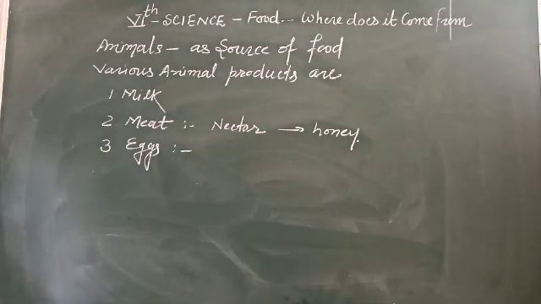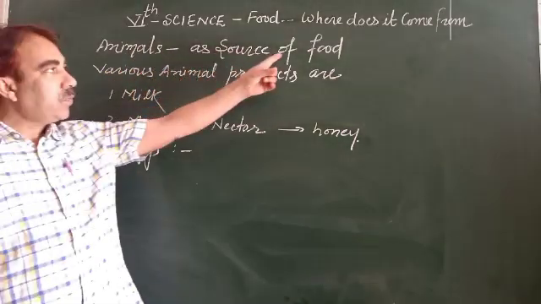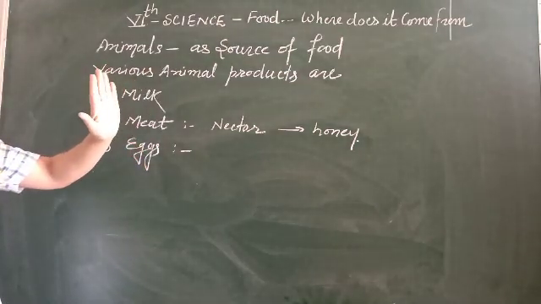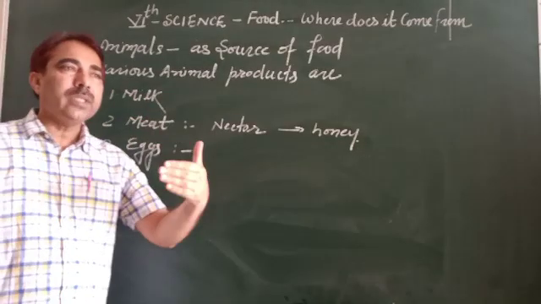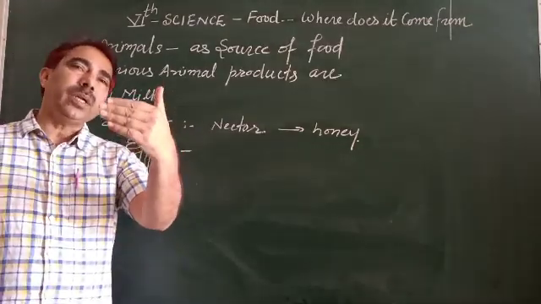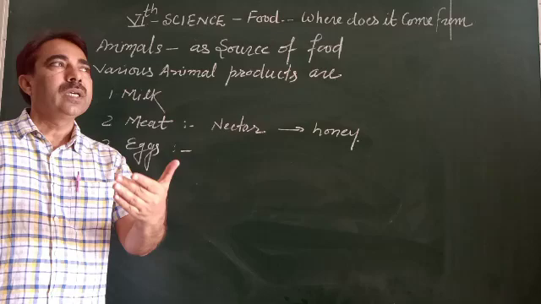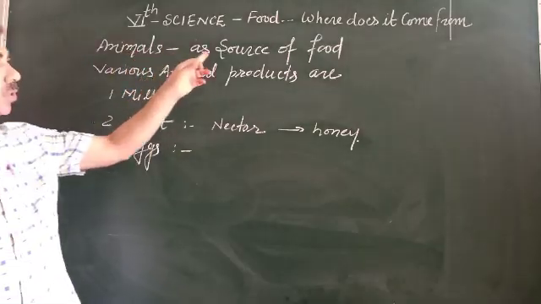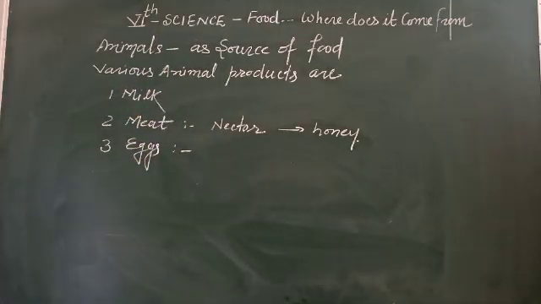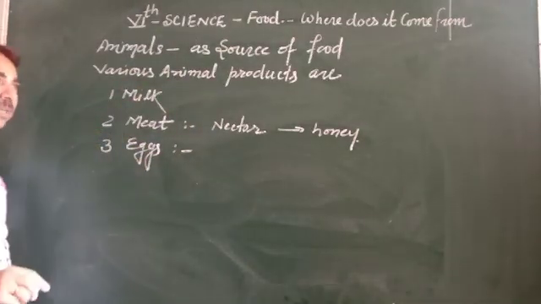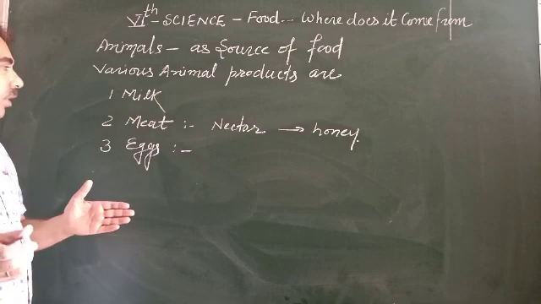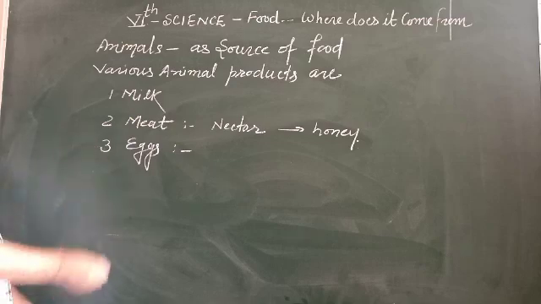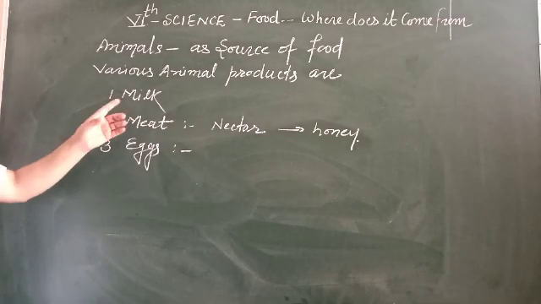Now let's talk about animals as a source of food. As I have told you earlier, plants and animals both are a great source of food. We have discussed plants as a source of food. Now we are going to discuss animals as a source of food. Animals give us a number of things which are used as food. First of all, milk.